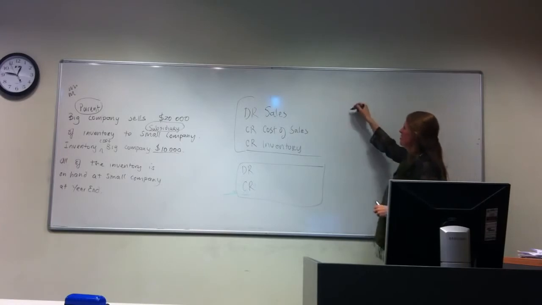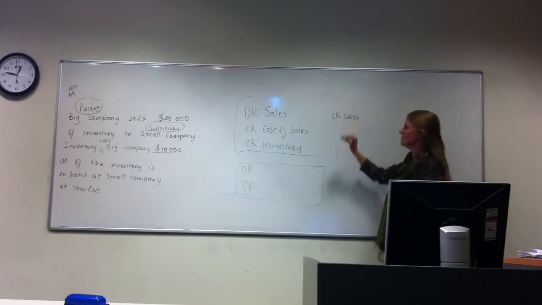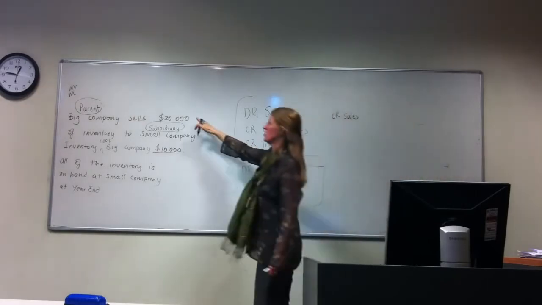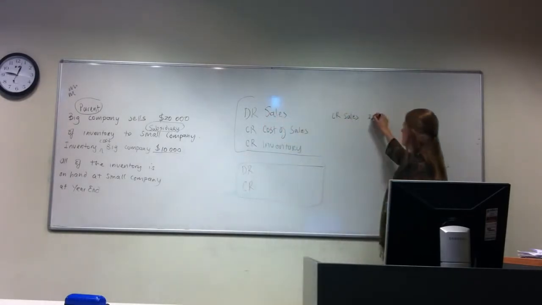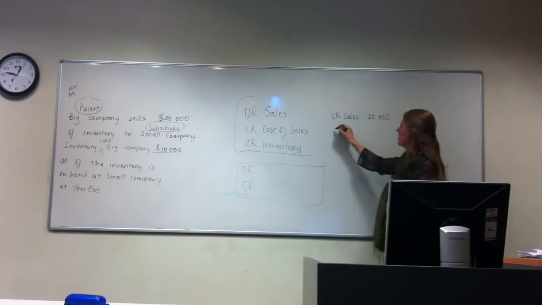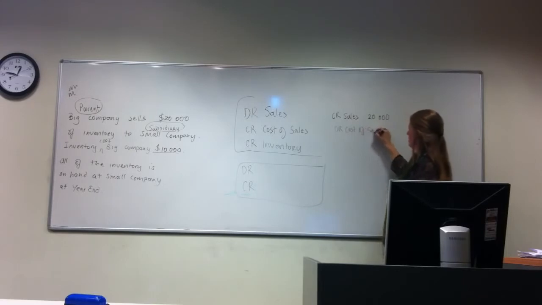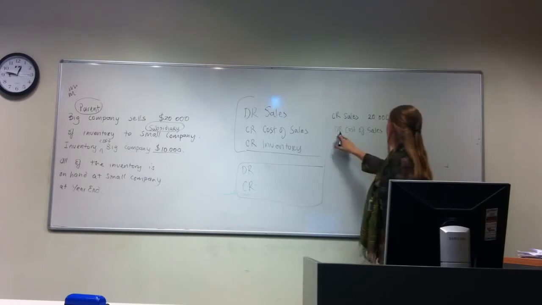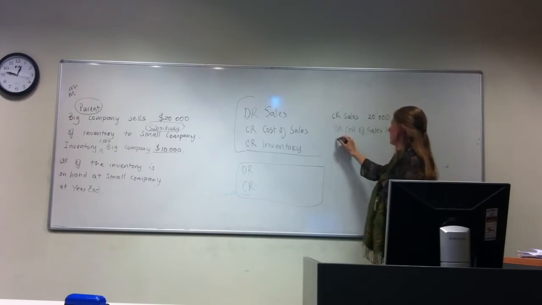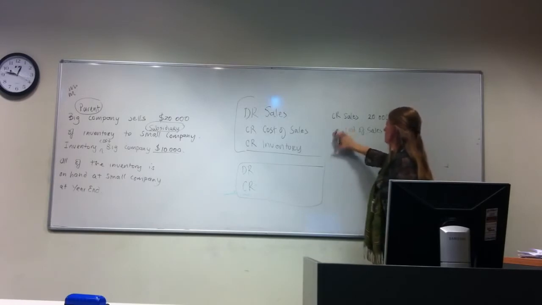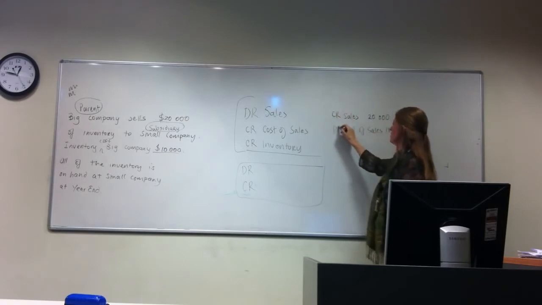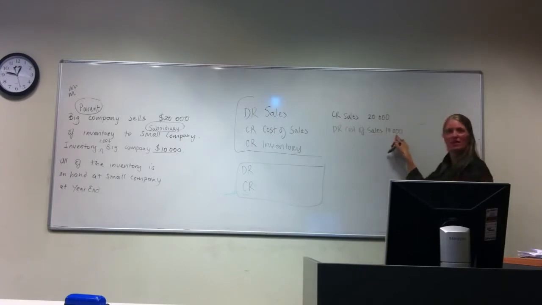So they're going to credit sales, sold $20,000 of inventory, and they're going to debit cost of sales 10,000. Oh, sorry, it'll be the other way around. So credit sales, and we're going to debit cost of sales with 10,000.